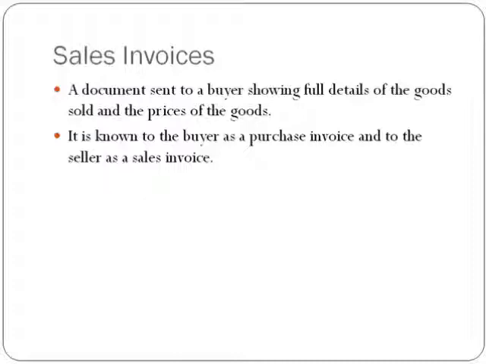However, the first one we're going to look at is the sales day book or sales journal. But before we can draw up a sales journal, there is something that we have to refer to, and this is called a sales invoice.